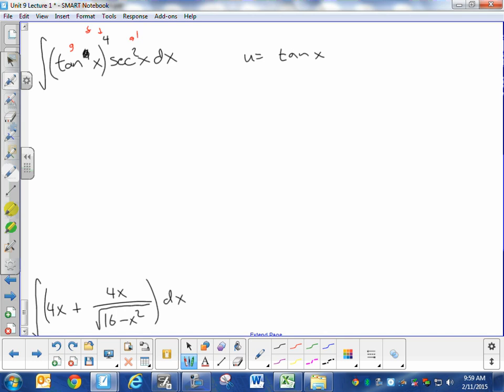Derivative of tangent is secant squared. Aha! That's going to cancel those secant squareds. That's going to make my function simpler to take the antiderivative of.